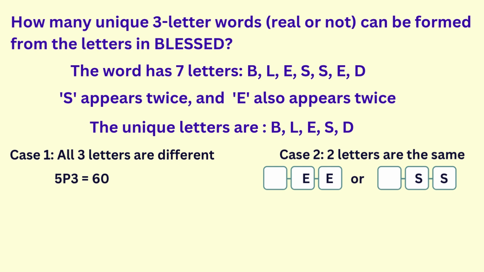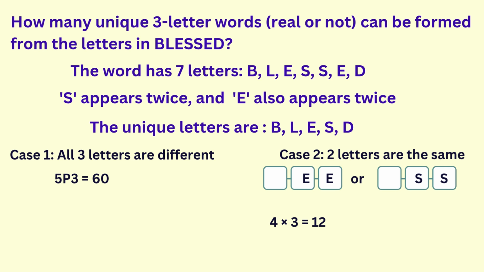The other letter to complete the three-letter word would be from the set B, L, S, D. That's 4 options. Now, any of the letters selected from the 4 can be placed in any of 3 slots by moving around the 2 E's. So this gives 4 times 3 equals 12 3-letter words with 2 E's.